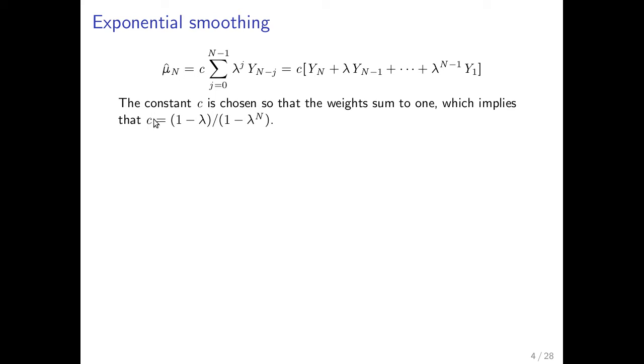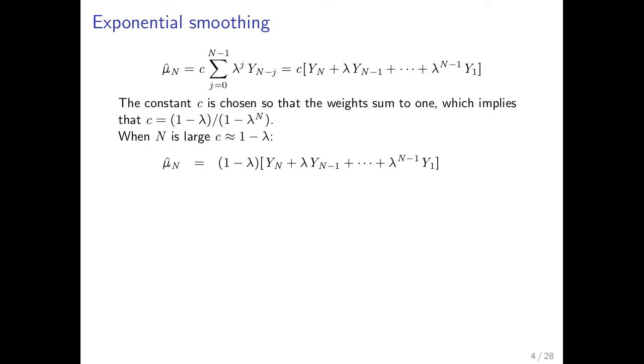This constant should be (1 minus lambda) over (1 minus lambda to the n power). When n is large, lambda to the n is virtually 0, at least relative to how close lambda is to 1, but typical values are not so close to 1.